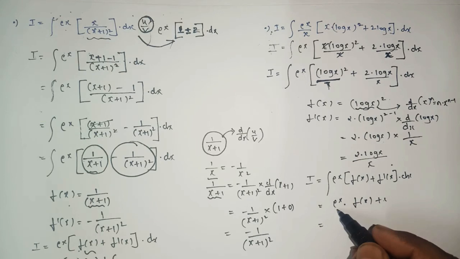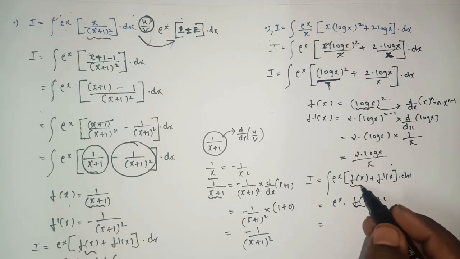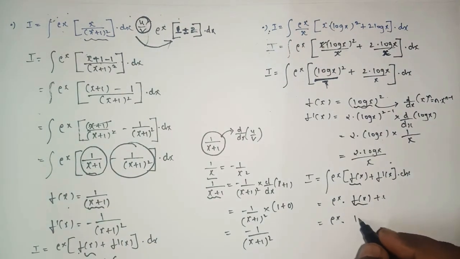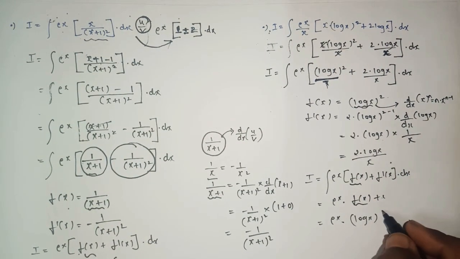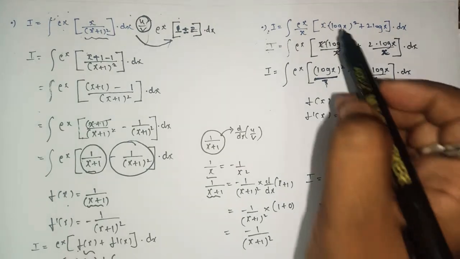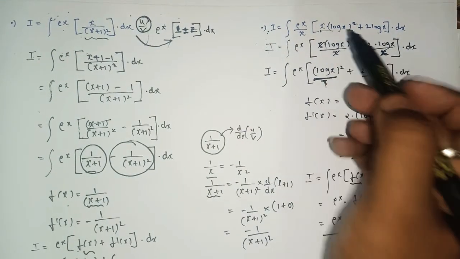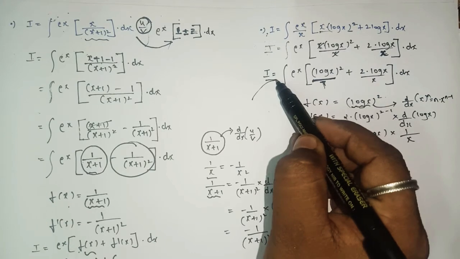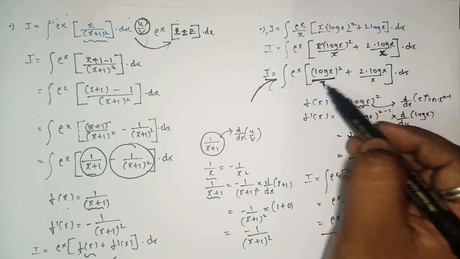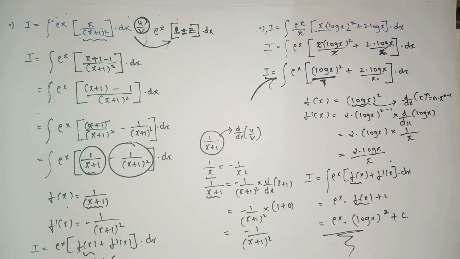So e raised to x into, what is there in place of f of x? It is log x the whole square plus c. Don't write this part, as this is not f of x. After the adjustment, you come to the conclusion that this is f of x and this is f dash x.